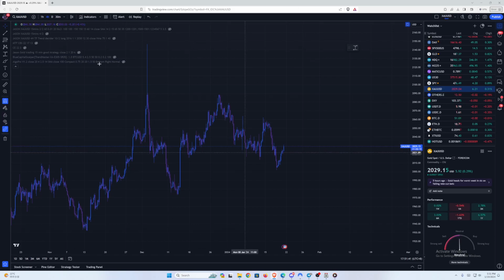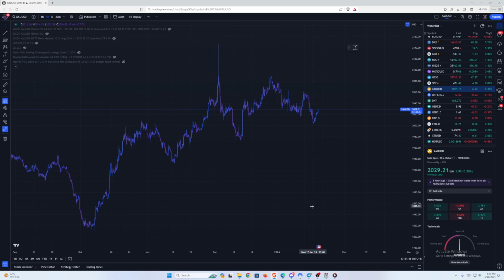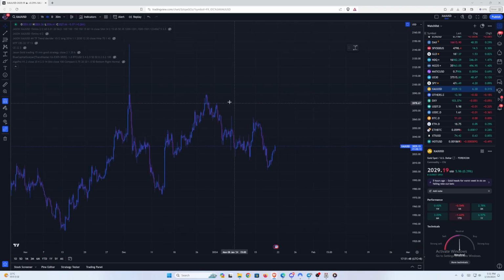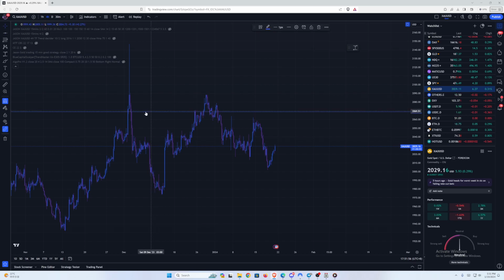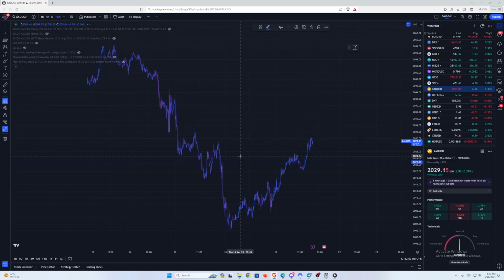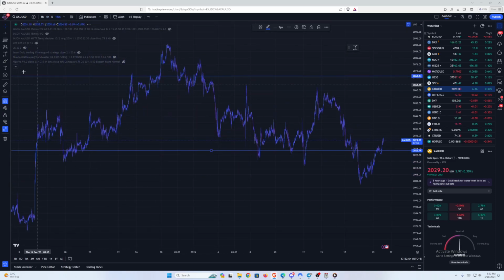So this is gold, right? Without any indicator, it looks like there's nothing going on. So what you guys need to do is put on the basic stuff that I've told you, like support and resistance, and all these supply and demand zones that I taught you guys earlier.